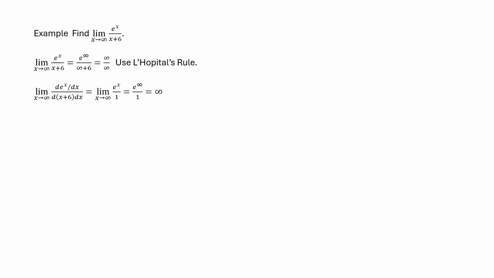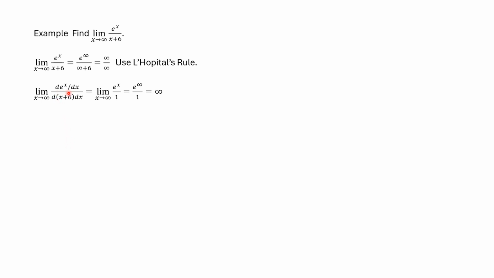Example. Find the limit of e to the x over x plus 6 as x goes to infinity. Plugging in, e to the x would give me e to the infinity, which is infinity. And x plus 6, just plugging in, gives me infinity plus 6, which is infinity. Again, we have an indeterminate form. So we try taking the derivatives.